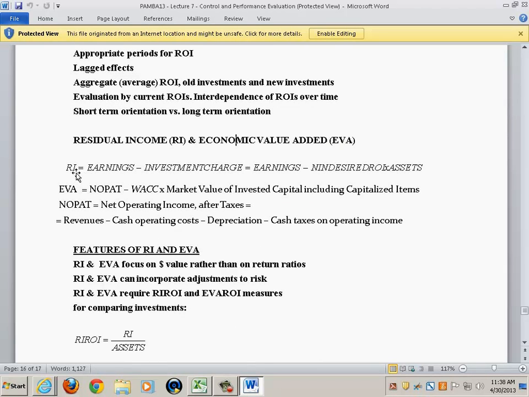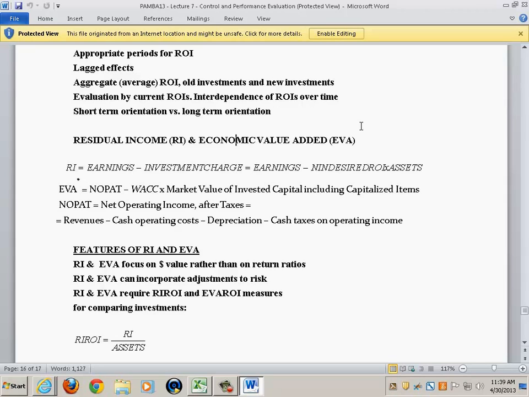The RI, residual income, is the difference between earnings and investment charge toward earnings, where the investment charge is defined as the minimum desired ROI times assets. So you ask yourself, what is the minimum required or minimum desired return on investment?